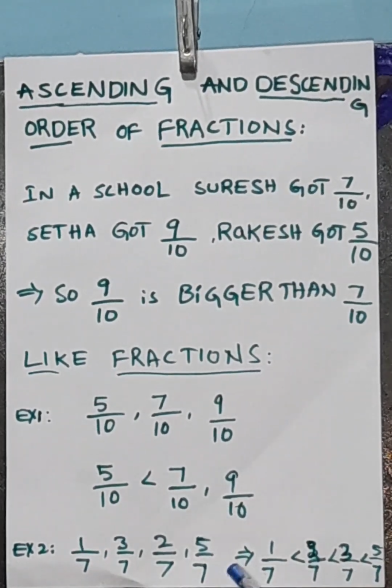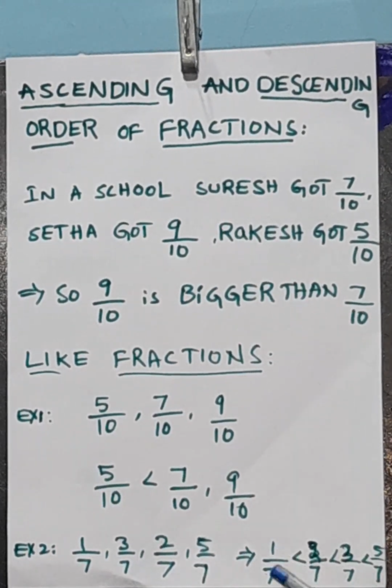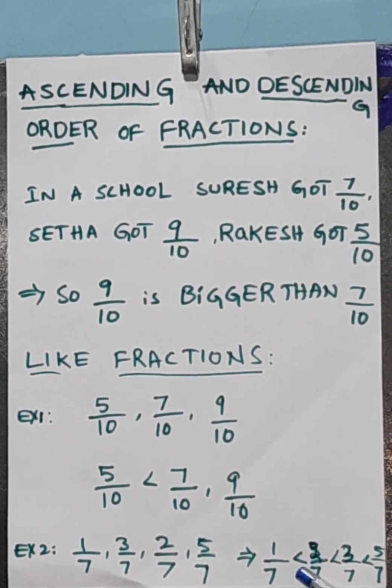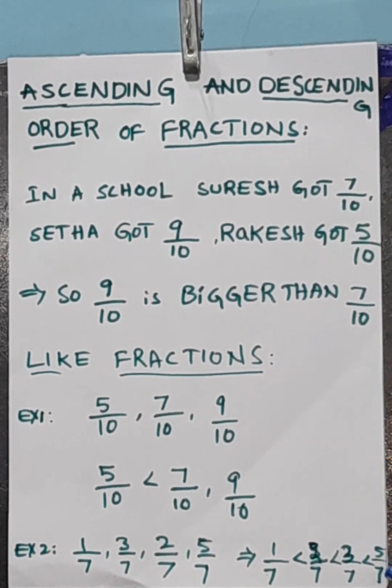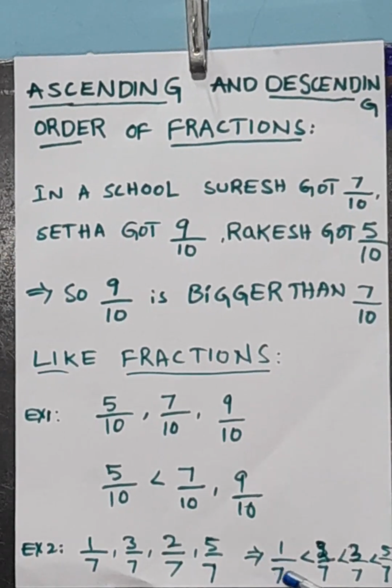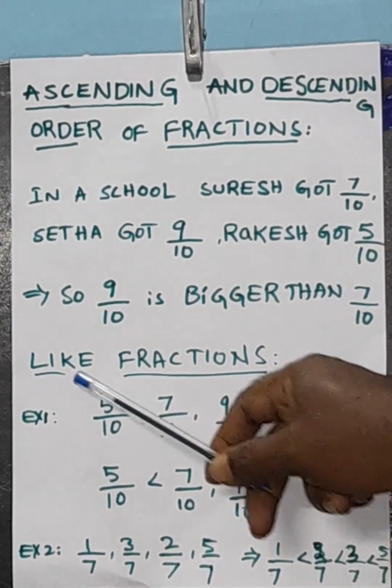You can write the ascending order of these fractions: 1 by 7 is less than 2 by 7 is less than 3 by 7 is less than 5 by 7. So this is the ascending order of the like fractions.